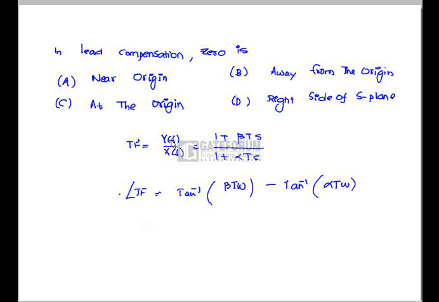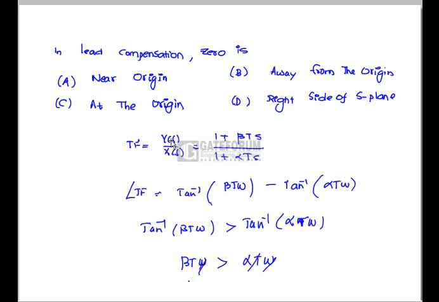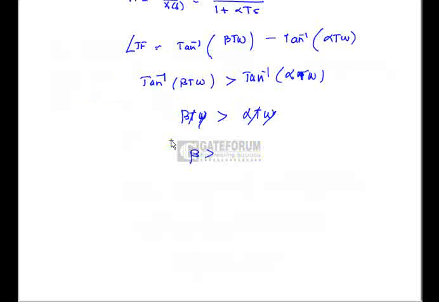For the lead compensation, the angle must be greater than 0. Then only we can say that this is providing a lead compensation. So tan inverse of beta t omega is greater than tan inverse of alpha t omega, so beta t omega greater than alpha t omega. So beta should be greater than alpha.